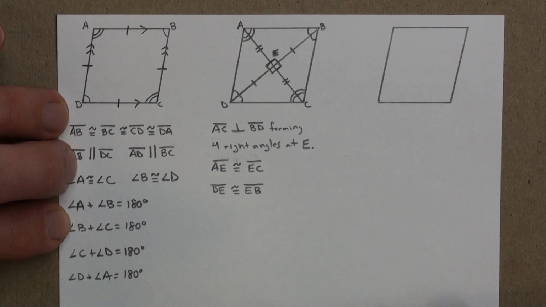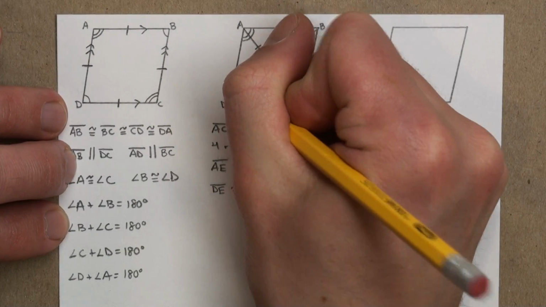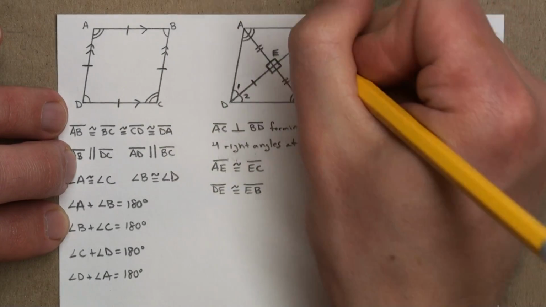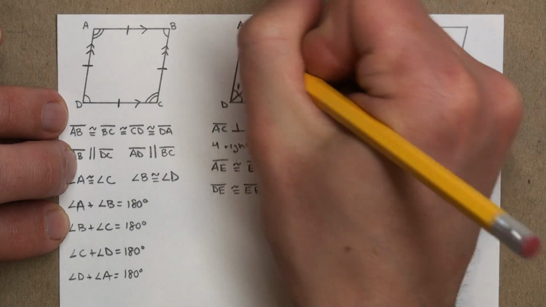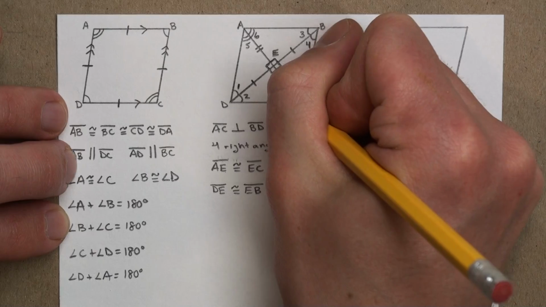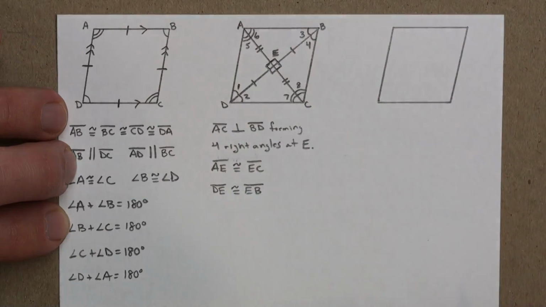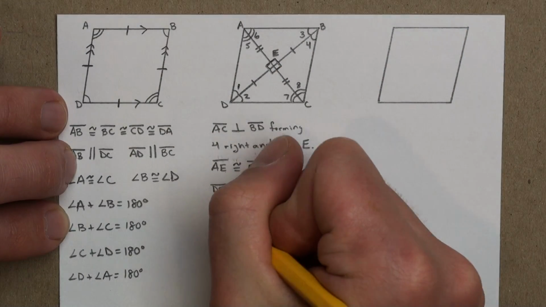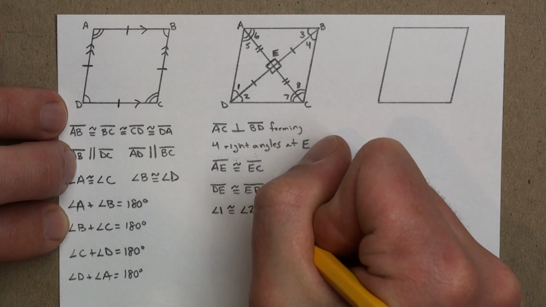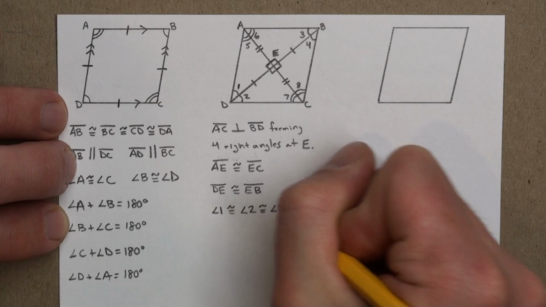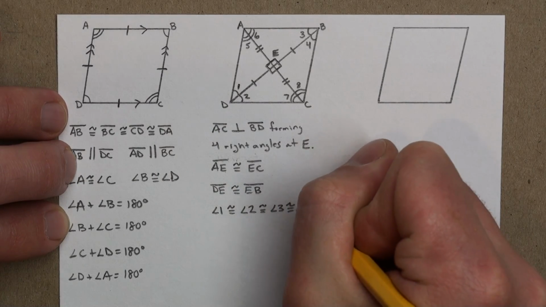and let's make this a little bit easier for us by numbering the angles. Alright, so let's label this angle 1, angle 2, angle 3, angle 4, 5, 6, 7, 8. So angle 1 is congruent to angle 2, is congruent to angle 3, is congruent to angle 4.